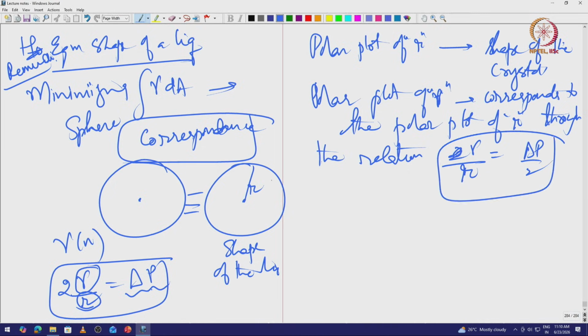And delta p by 2 is some kind of a constant, right. So, for a given sphere, delta p is something constant.